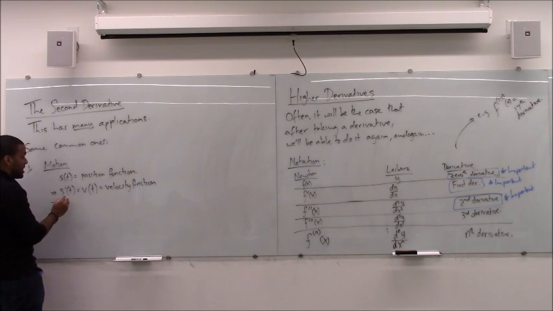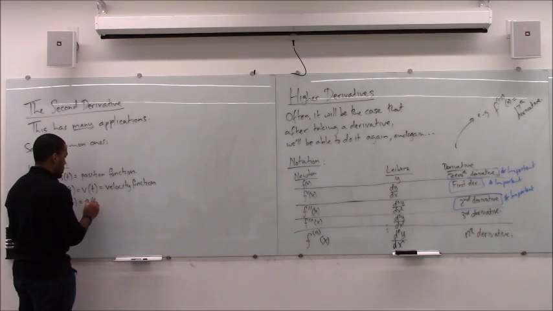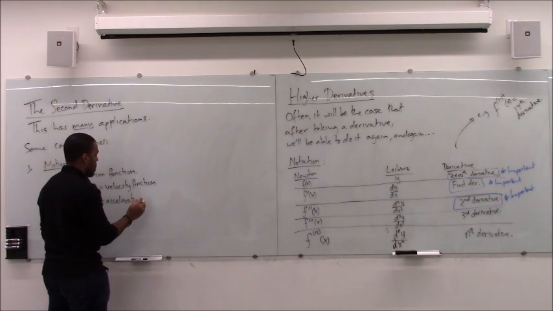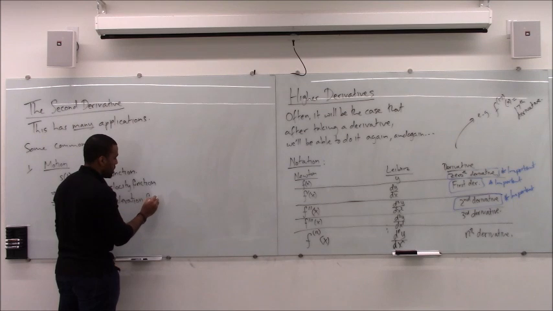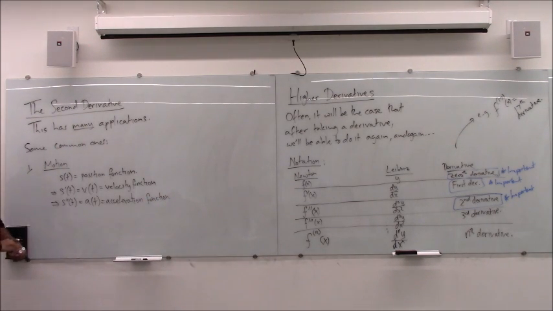And it turns out that you can take a derivative again in general, and that also gives you a useful function. This gives you the acceleration function. The acceleration function tells you how your speed is changing. Are you speeding up or slowing down? For example, the acceleration due to gravity is 9.81 meters per second squared, negative usually because it's moving down, or 32 feet per second squared in the negative direction.